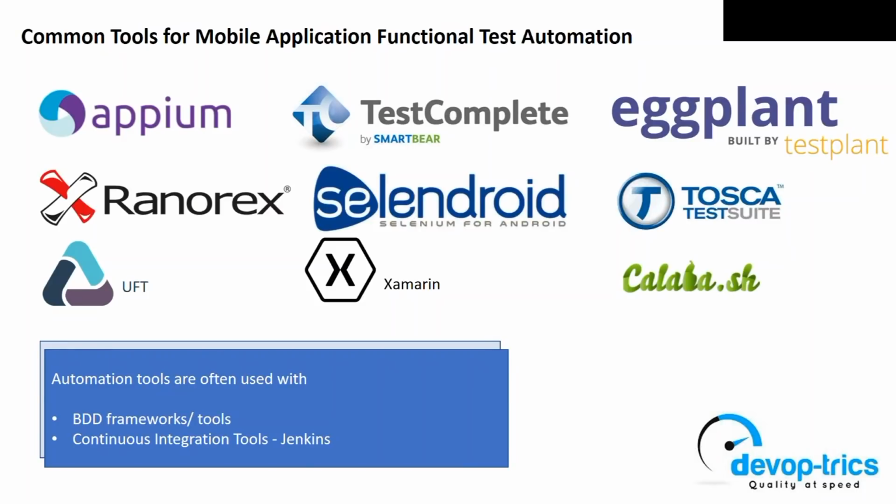And there is something called a Tosca test suite. It is also a paid license tool. So it also supports mobile automation, and you don't really need to write any code there. It's called scriptless automation. So all you need to do is some kind of configuration. It will have an interface to grab that mobile screen, and you can tell that okay, now I want to perform XYZ operation on this particular field.